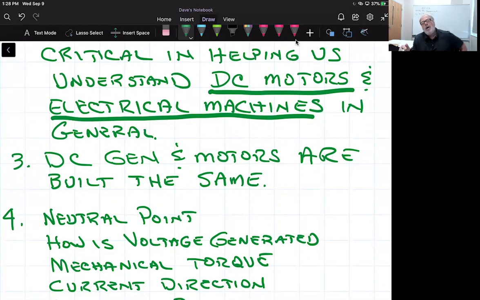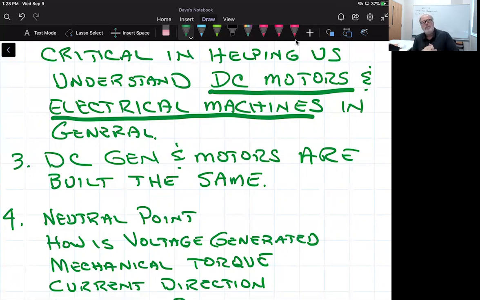And depending upon whether you supply electrical energy to the machine or you supply mechanical energy to the machine, that depends on how it's going to operate. So if I supply mechanical energy to a DC generator, I will produce DC voltage, DC current.